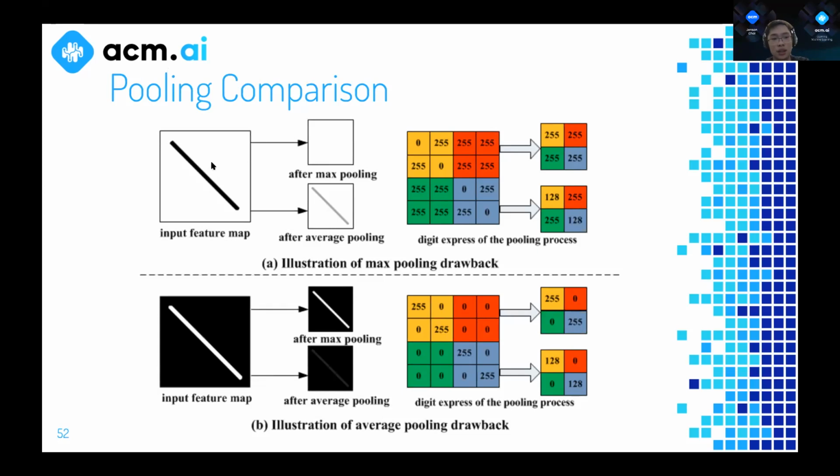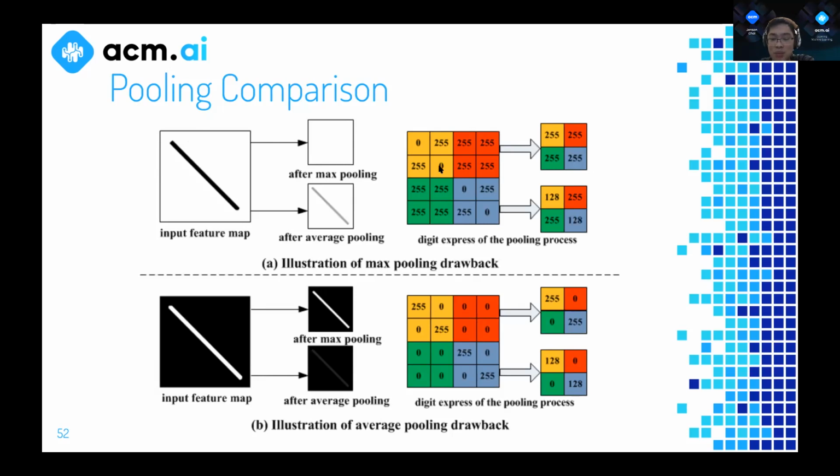Okay, so let's look at the example at the top here. This feature map is mostly white. White here corresponds to 255, which basically means our feature map has a high activation, and black corresponds to 0, which means low activation. Let's look at this top left corner. This would correspond to 0, 255, 255, and 0.